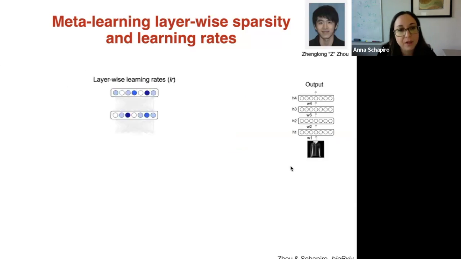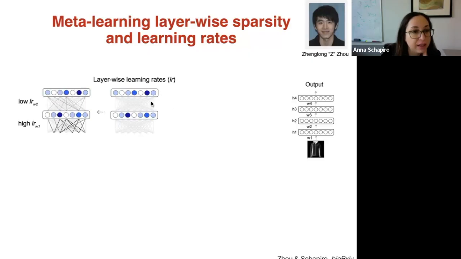And the way that we allow the model to learn these hyperparameters is to say that each of these projections between two layers will have one learning rate that will be common to all the connections in that layer. And that rate can go up or down, right?